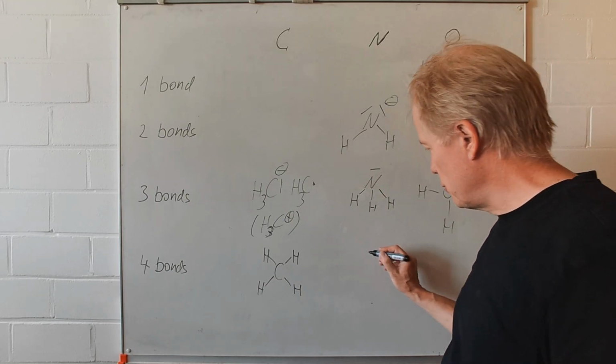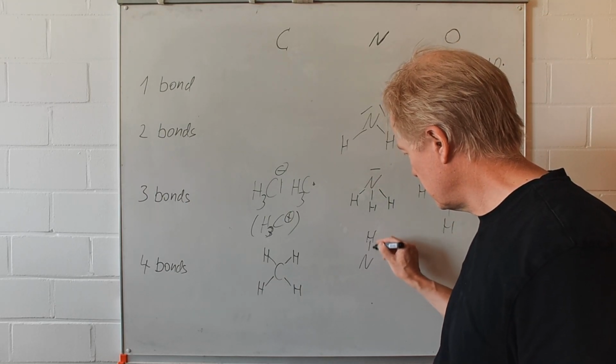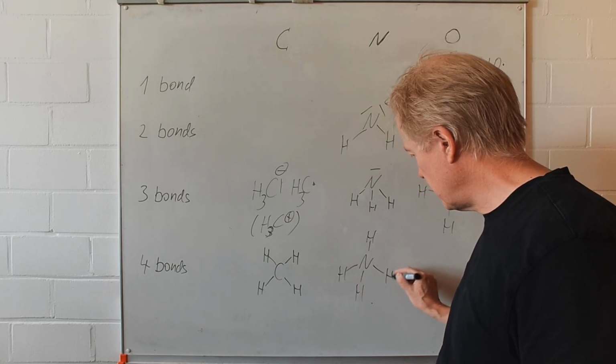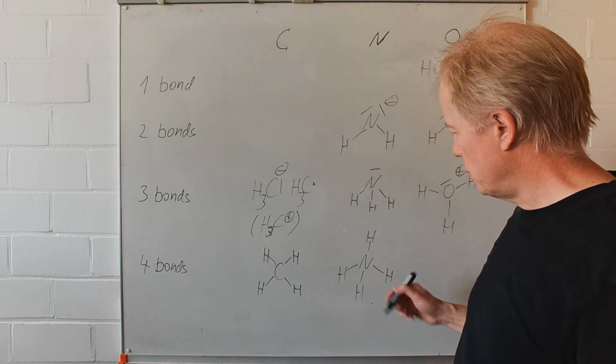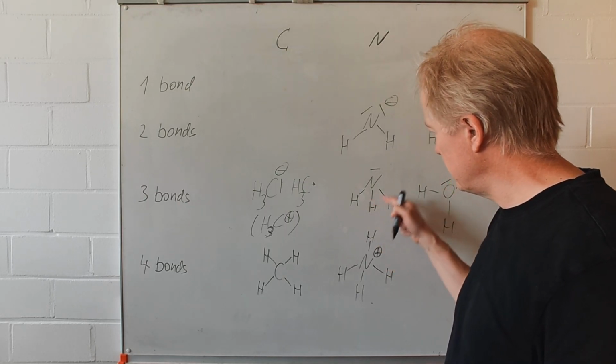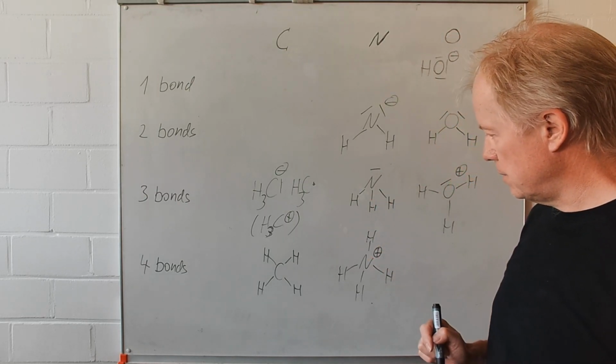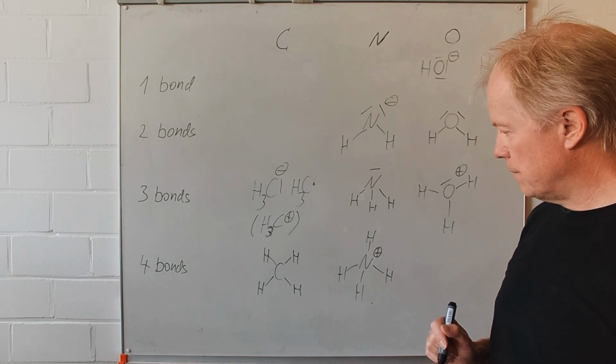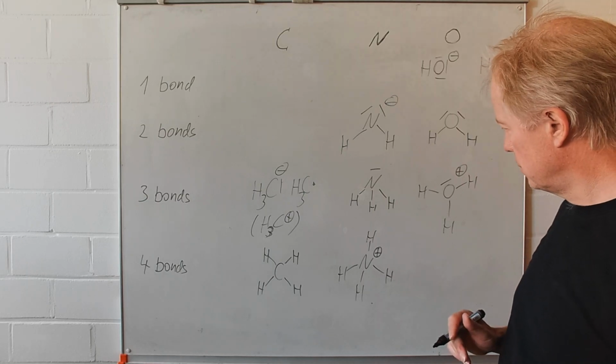4-bonded nitrogen, let's add another hydrogen to it, a proton, protonate ammonia, then we get an ammonium cation. This is a well-known, rather stable cation.